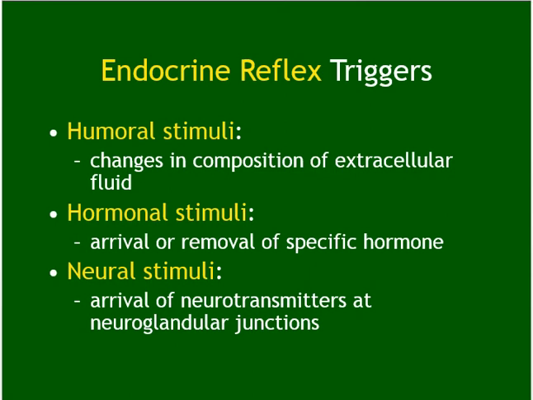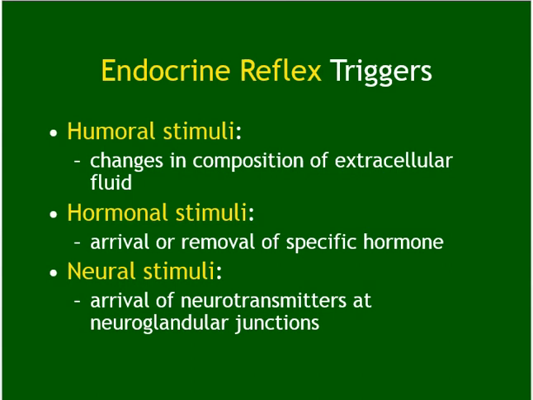What triggers the endocrine reflex? Either a change in composition of the extracellular fluid, and this is called humoral, or hormonal stimuli, where a specific hormone arrived or was removed, which can trigger the endocrine reflex, or a neural stimulus.